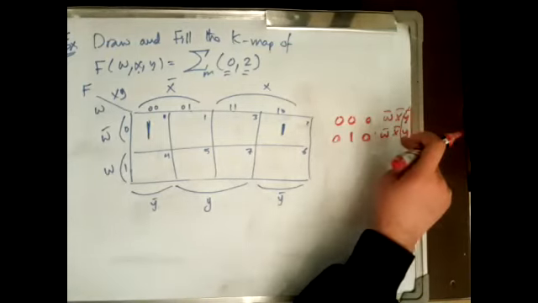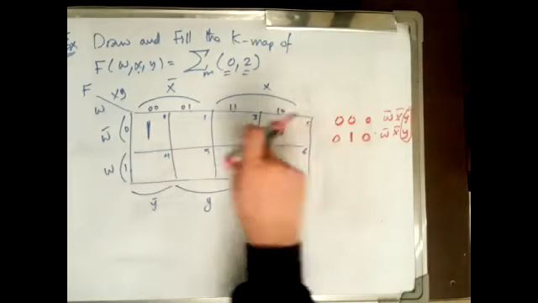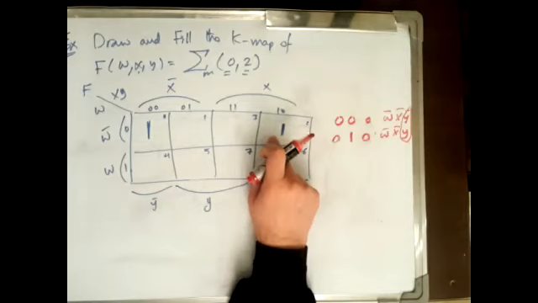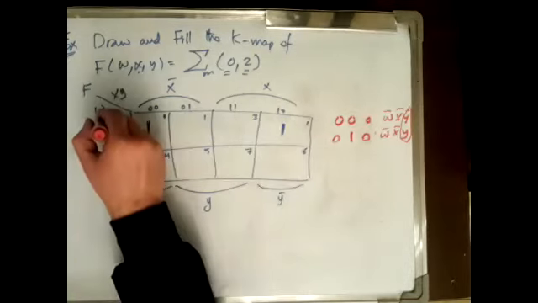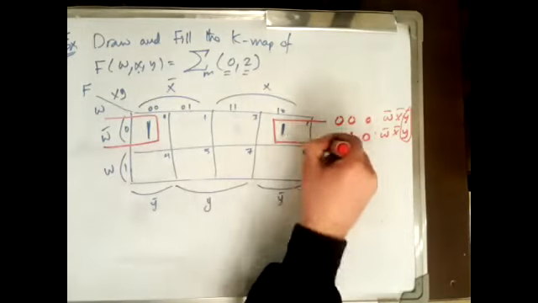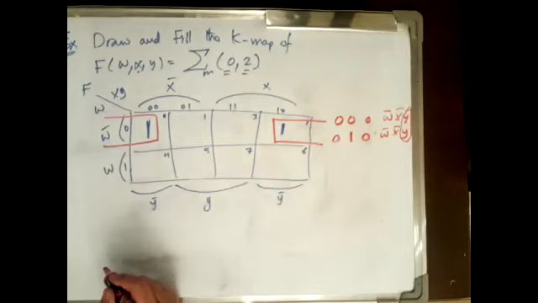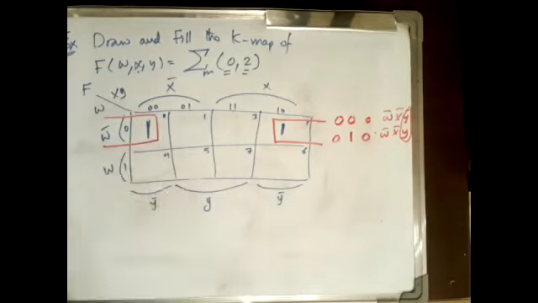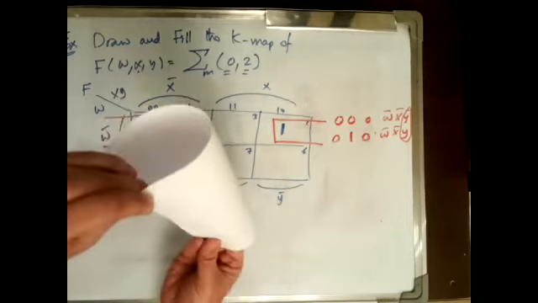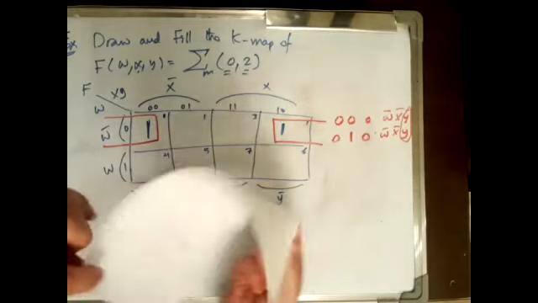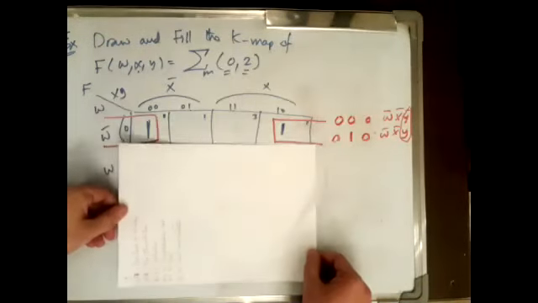On the map, this is equivalent to combining this square with this square, but visually they are not adjacent, but effectively they are adjacent. So we can take this square with this square. Because as I tell the student usually, this map is essentially a cylinder. It is something like this. It is a cylinder, but we open it to become something like this.